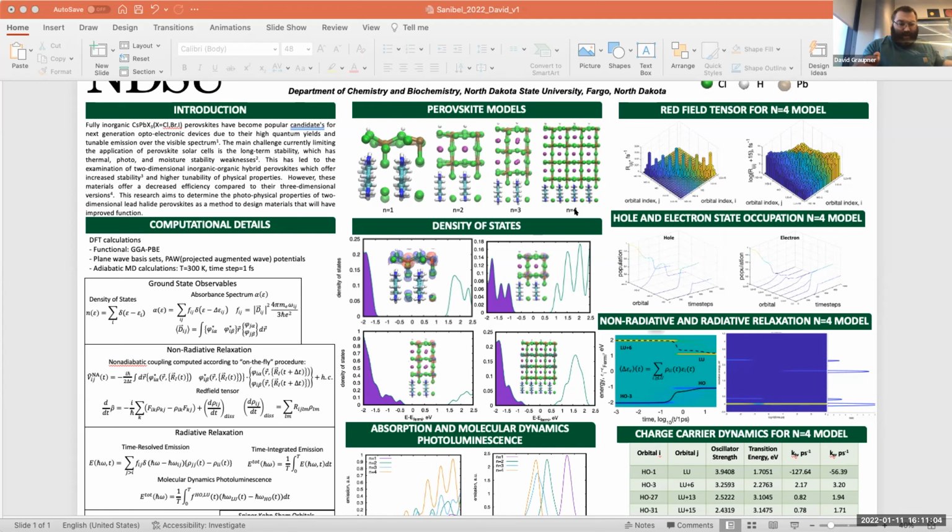In my heterostructure model, do I have something that I could bring up quick? What's this one? No, that's not it. Your heterostructure being the one with different thicknesses of layers.